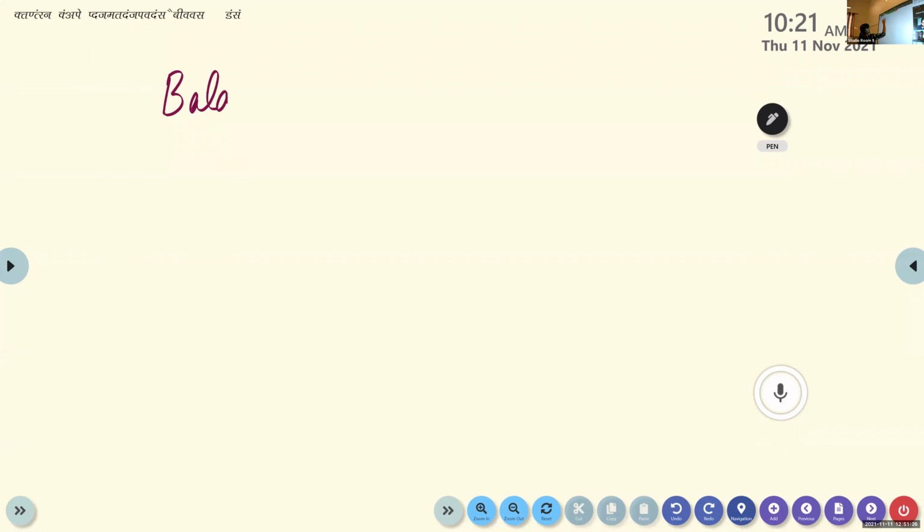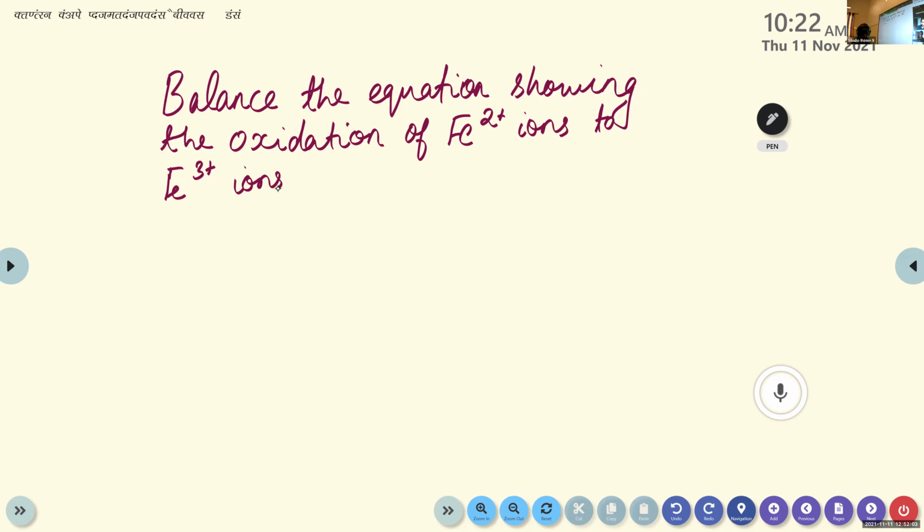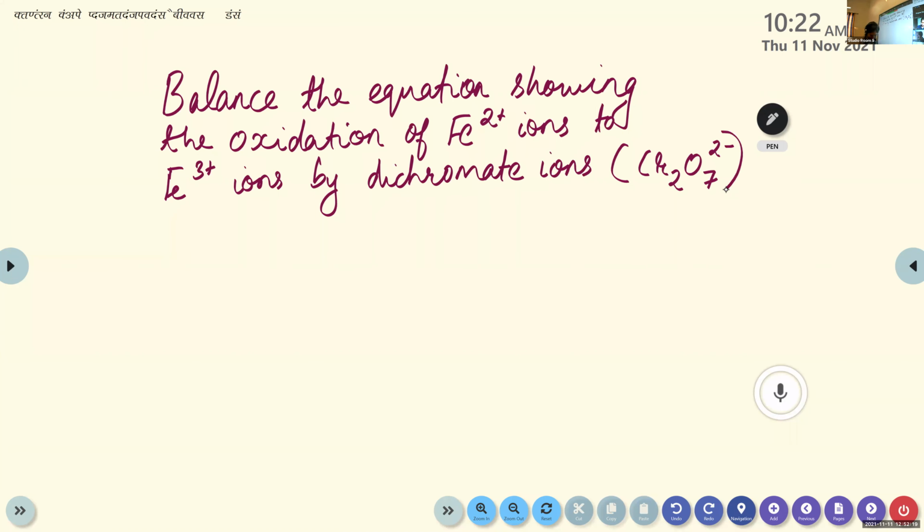Balance the equation showing the oxidation of Fe2 plus ions to Fe3 plus ions by dichromate ions, that is Cr2O7 2 minus, in acidic medium.